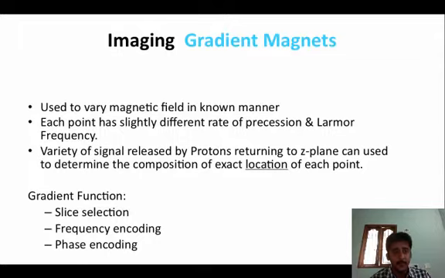So every point along this gradient has a different rate of precession and hence a different Larmor frequency. What is the use of this gradient? Slice selection. We can select a slice, which means a two-dimensional area, which consists of two gradients, x and y, and we can use frequency encoding and phase encoding.